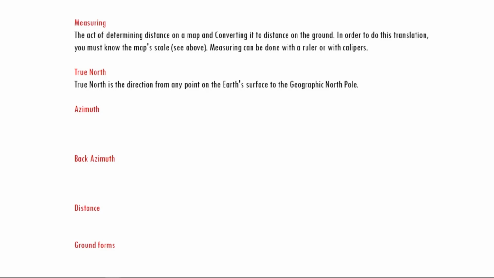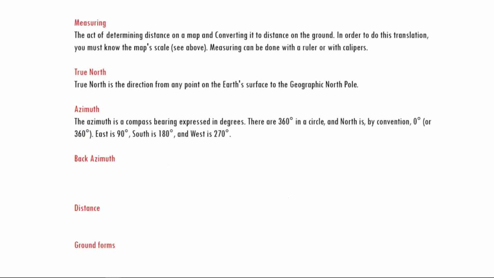Okay, now let's look at azimuth. What is azimuth? The azimuth is a compass bearing expressed in degrees. There are 360 degrees in a circle. The north is by convention 0 or 360.